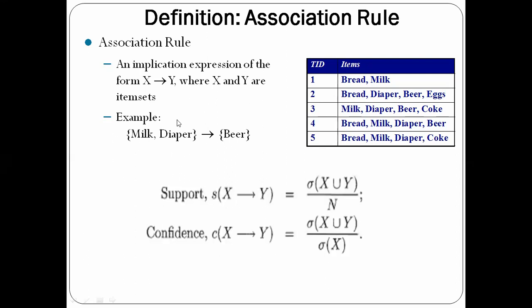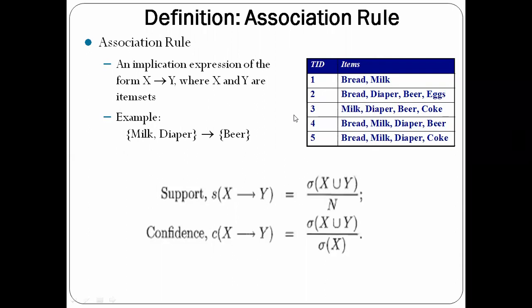The implication contains two item sets, X and Y, whose intersection is a null set. In the same way, bread implies milk is also an association rule because the intersection is again a null set.